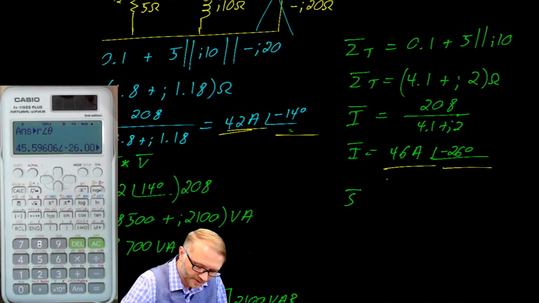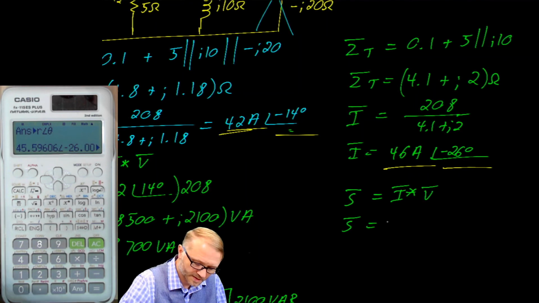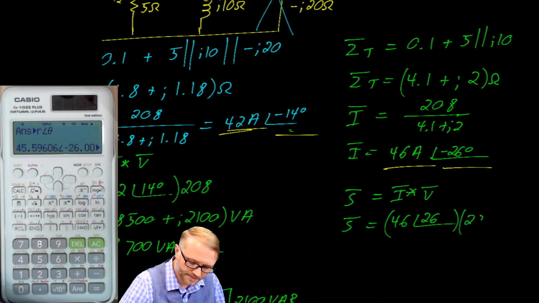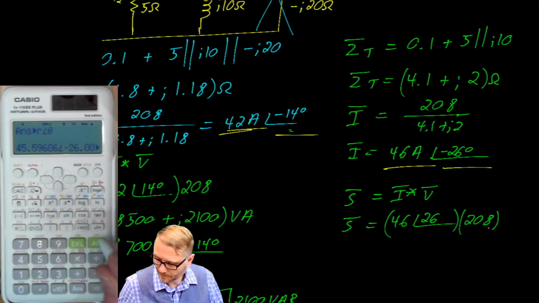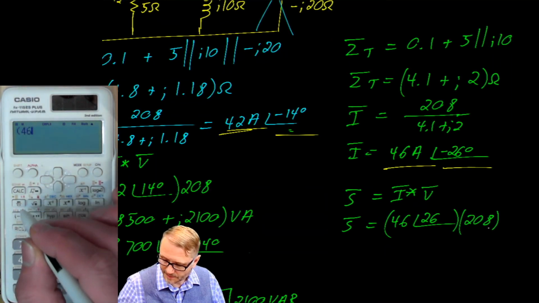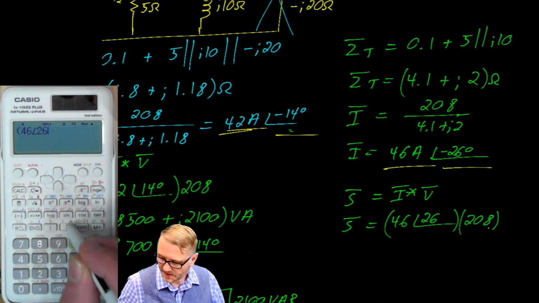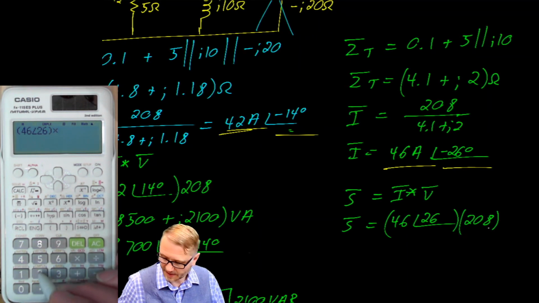Complex power is equal to the complex conjugate of the current times the voltage. So that is 46 at a phase angle of 26, all by 208. That is 46 at a phase angle of 26 multiplied by 208.